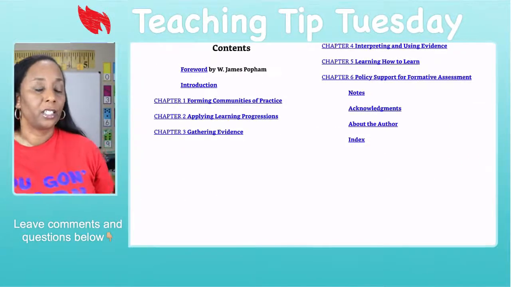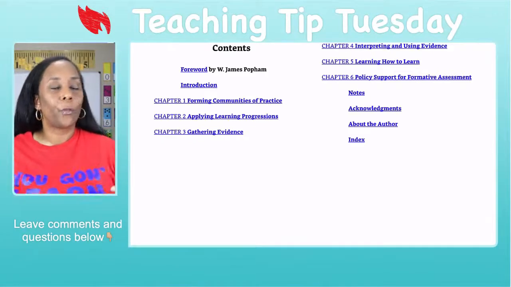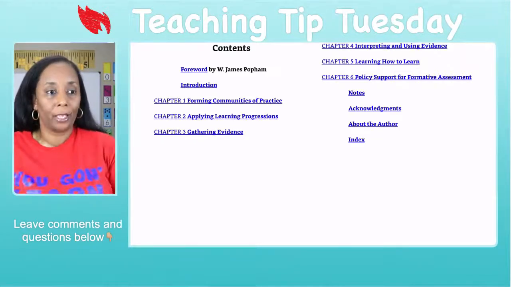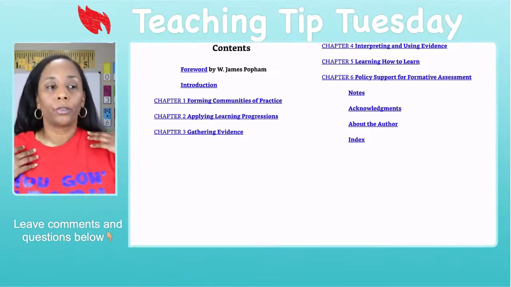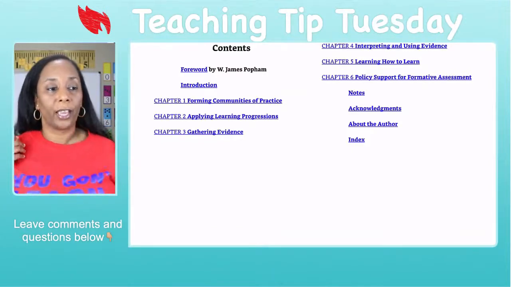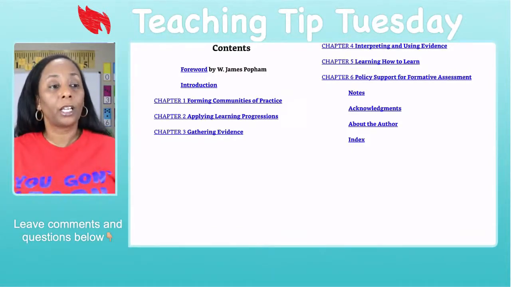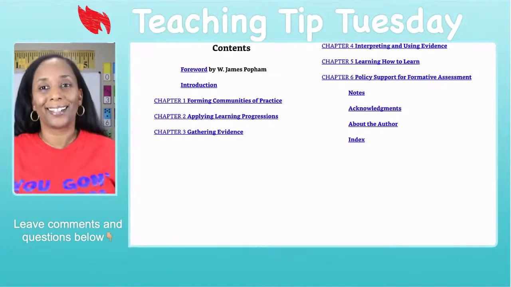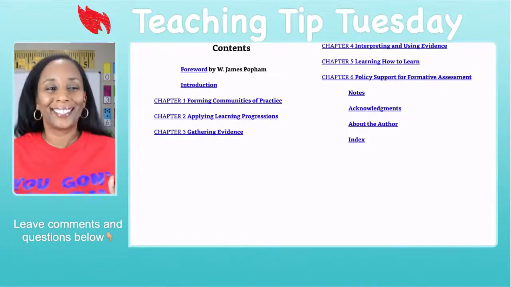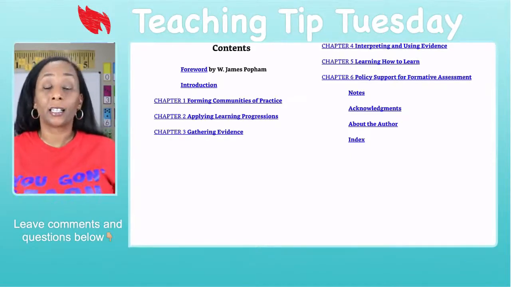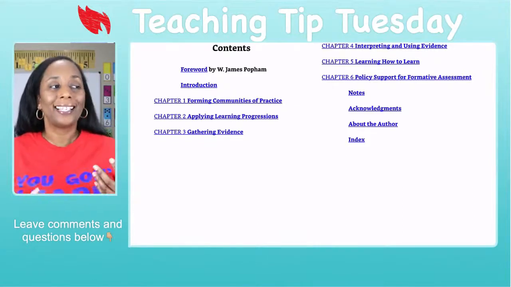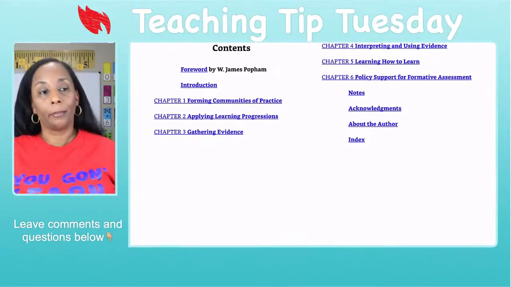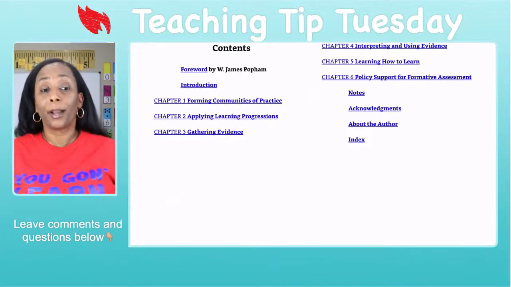When I bought this book, I was in the process of going through my National Board certification, and I was looking for a formative assessment book. A lot of the processes and the stuff that I do in my class is not documented. I'm going to be honest with you, I'm horrible at that.